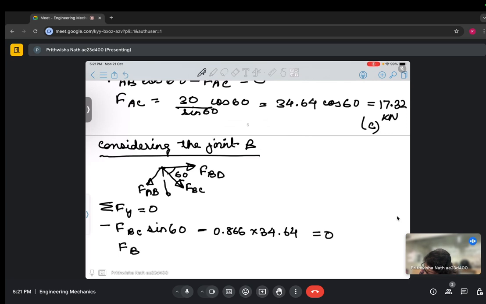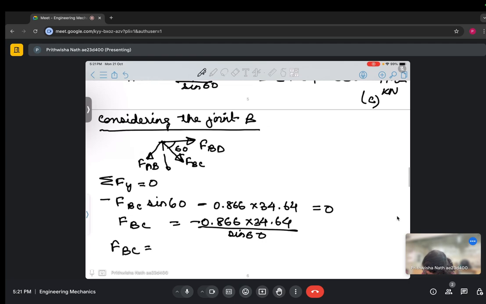Now FBC equal to 0.866 into 34.64 by sine of 60 degree, minus, so FBC is minus 34.64. So the assumed direction is for tension, so we can say that this is in compression, right?